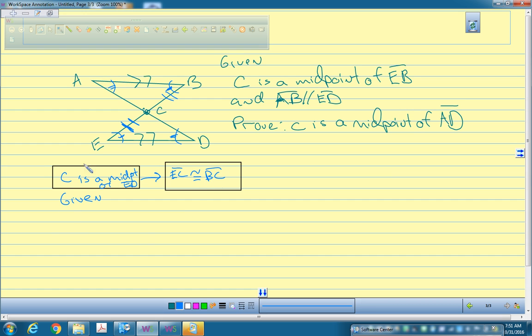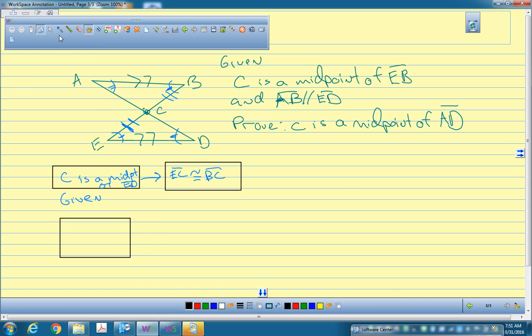I'm also given that AB is parallel to ED, right? And that's given. But I use that to make two conclusions.